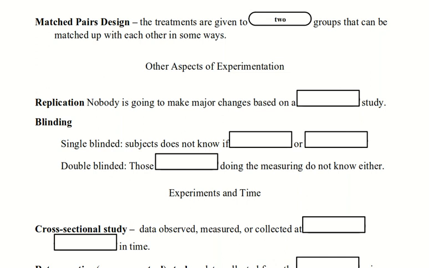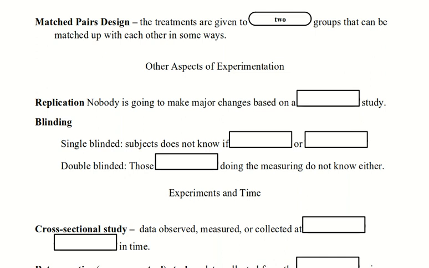This doesn't have to be even two groups of individuals. Certainly twins work if you're looking at something like genetics or other factors. It could be something as simple as your left hand and your right hand. That's definitely a matched pair. For each right hand, most people have another hand.